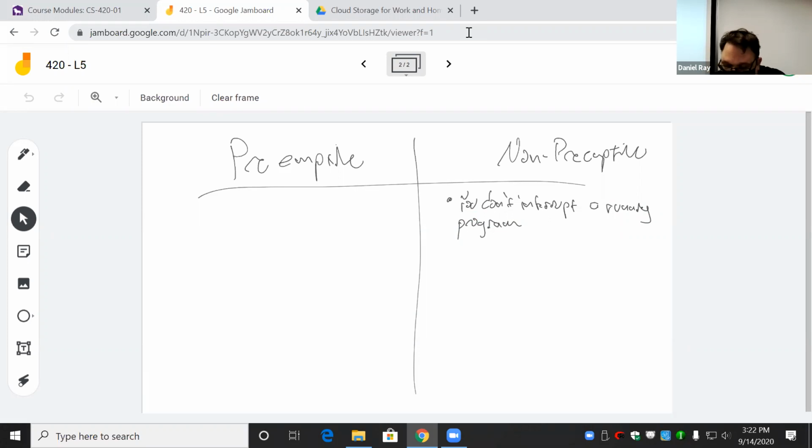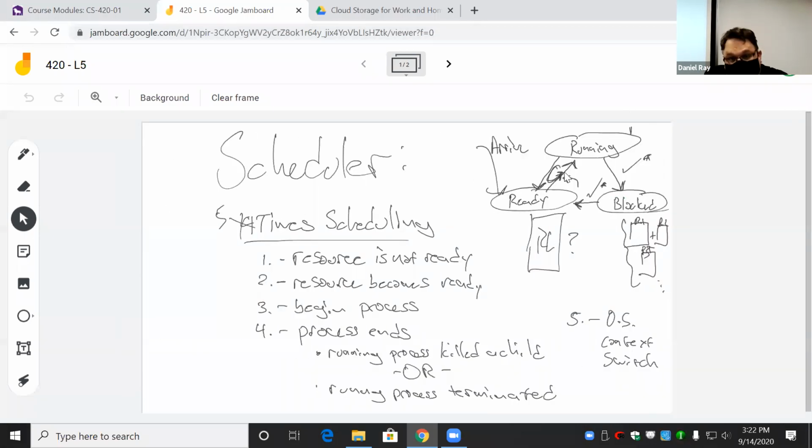So in other words, the process will continue until it either terminates or it blocks on a resource. Okay? So we are disallowing this context switch, okay, right here, on non-preemptive scheduling. All right, so if we don't allow this, what are the implications?